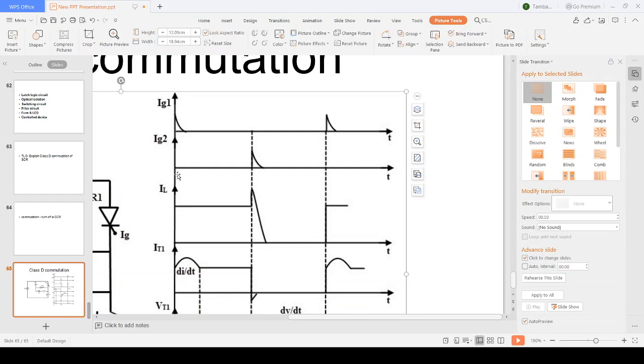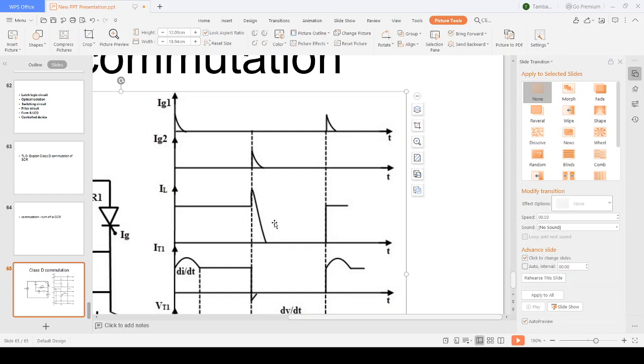Similarly, at this time instant, the second gate pulse is applied, and after applying the gate pulse you can observe that the value of load current IL decreases to 0.